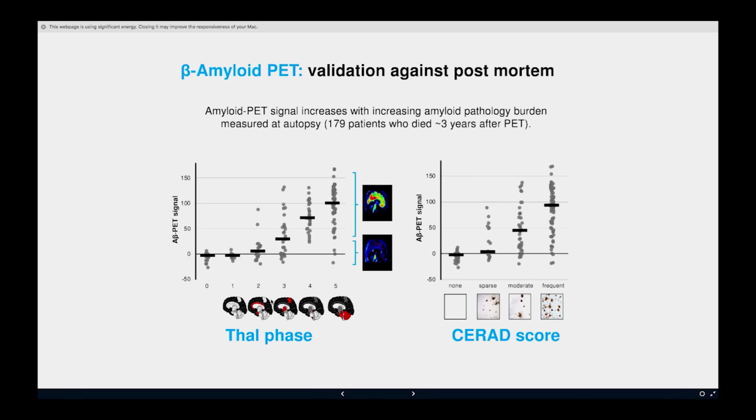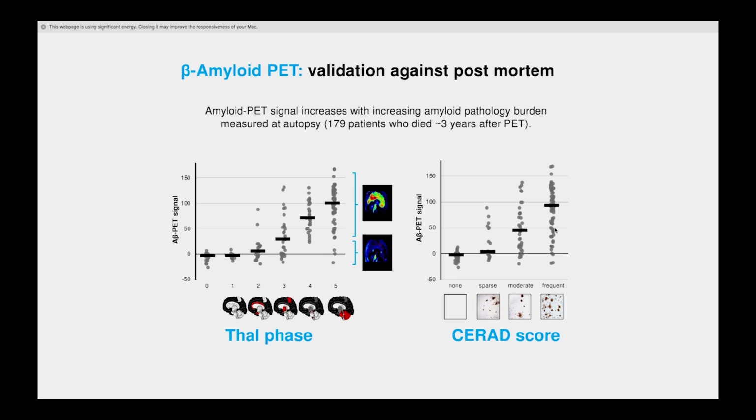For the Thal phase, as early as phase 3, maybe even 2, we start seeing a signal, but really 3, 4, 5. And for the CERAD score, when it's moderate and frequent, the PET scan is really detecting it. So it's really faithful and correlates really well with autopsy. So it's a very specific way to detect amyloid plaques in the brain.